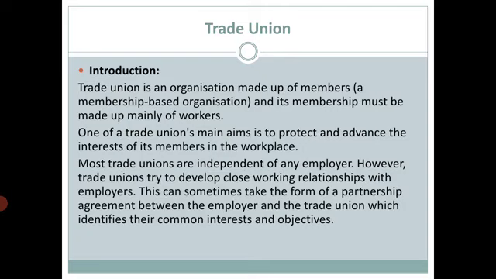See, prior to establishment of trade union, what was happening? See, prior to that, the employees used to be harassed by the employers, okay, or some of their facilities, or some of the basic requirements which they were needing, those requirements were not satisfied by the employers.